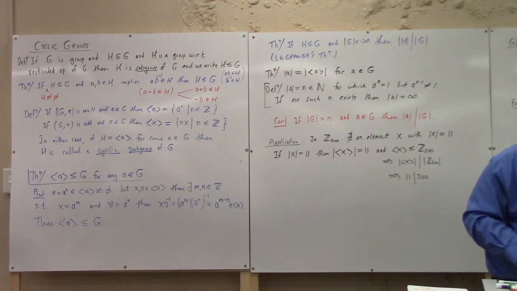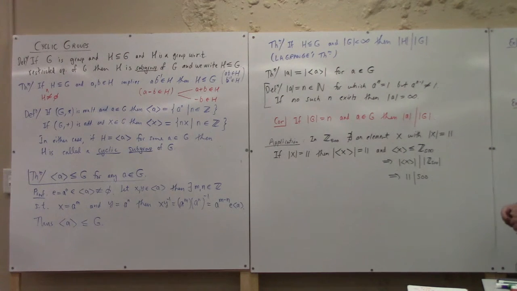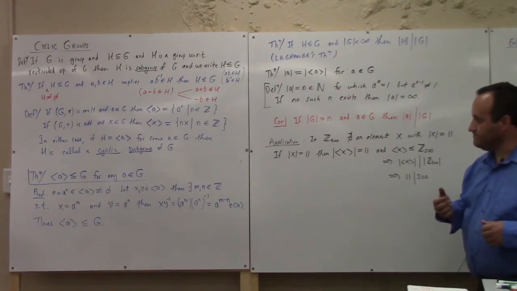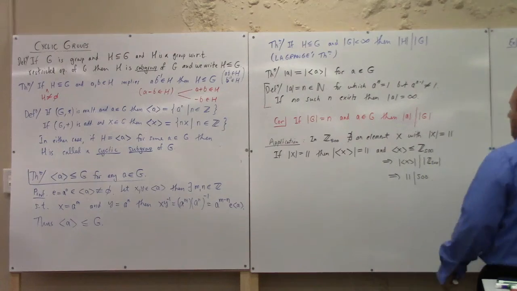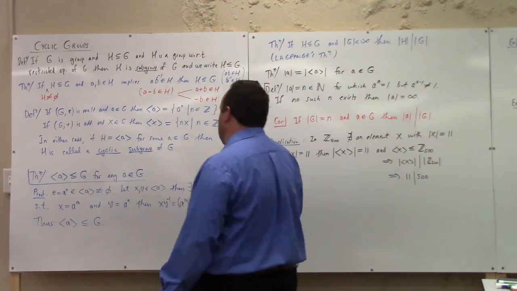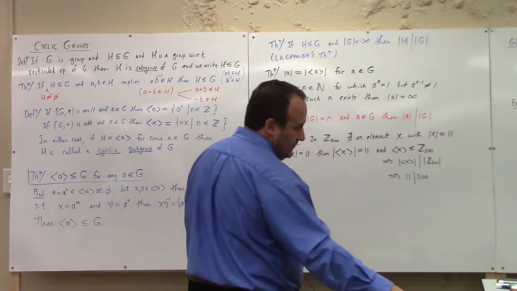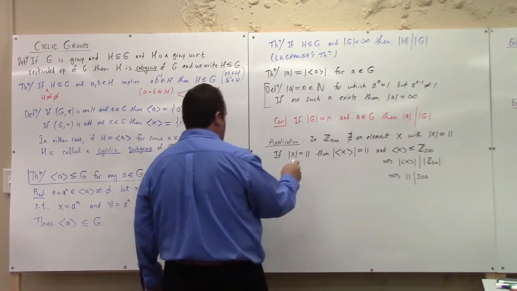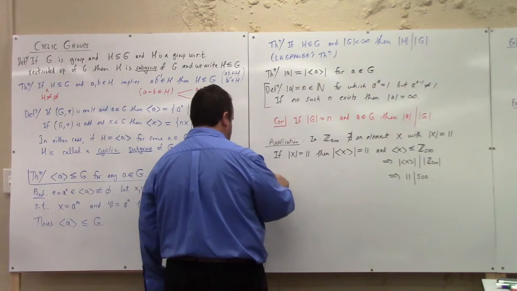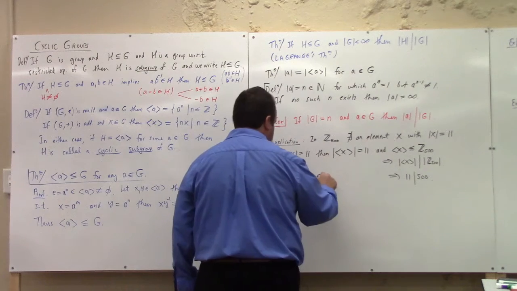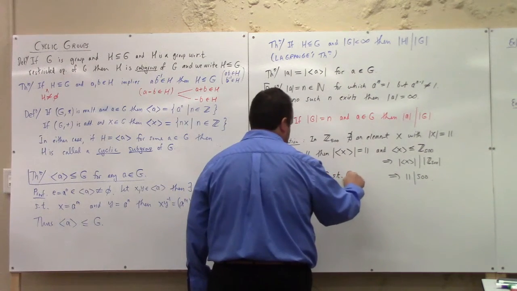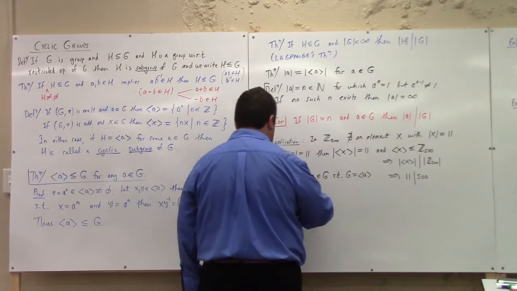Let me tell you the, let's see here. All right, and also there's another definition I haven't stated yet. Definition. If there exists A in G such that G is equal to the set generated by A, then what do we say?